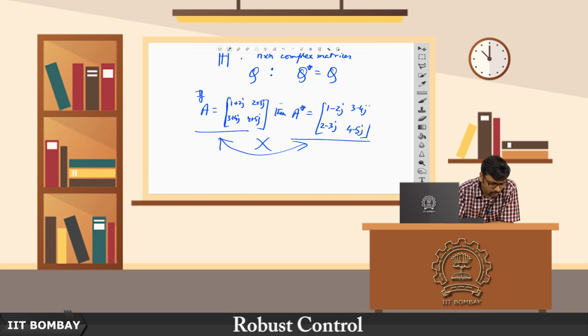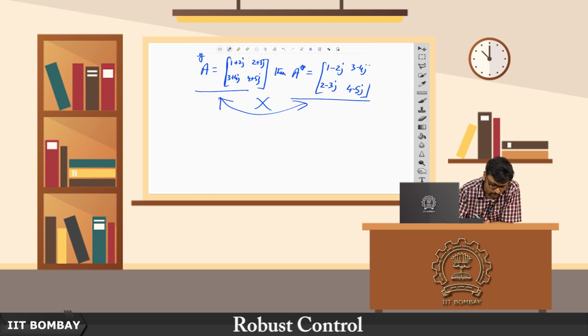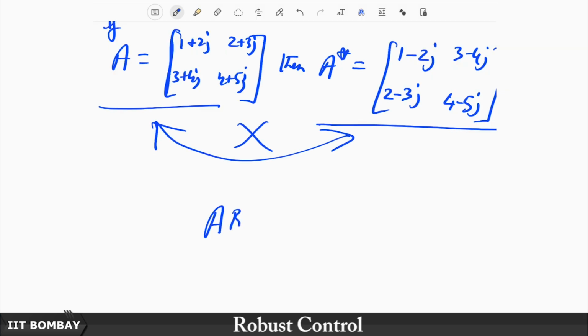Okay, good. The other important result here, of which you are familiar and a moment's thought will reveal that this is pretty obvious, is that if you have two matrices, say A and B, and you take the conjugate transpose of their product, then that is equal to the individual conjugate transpose of B multiplied by the individual conjugate transpose of A. The order gets reversed, just like the transpose operation, right?